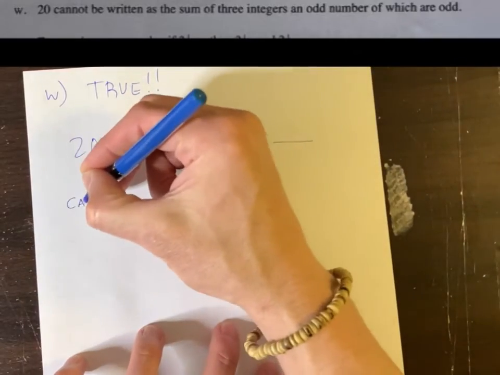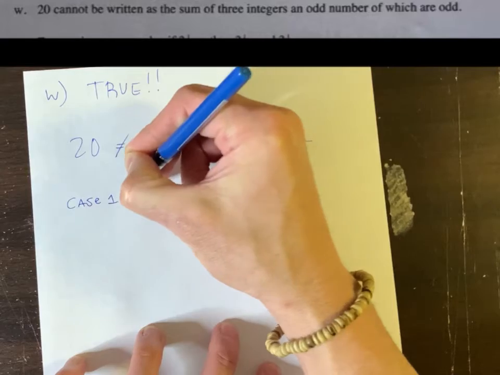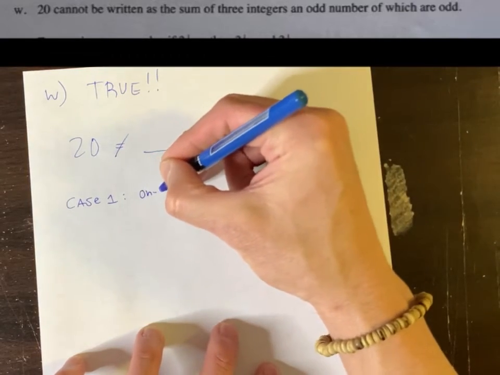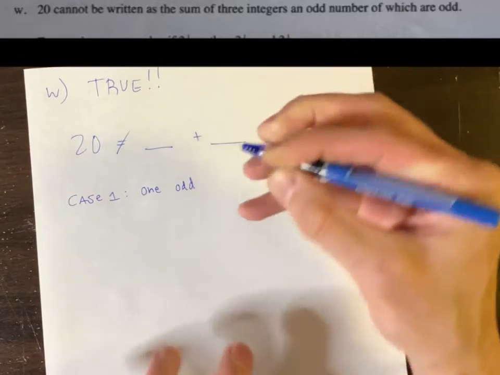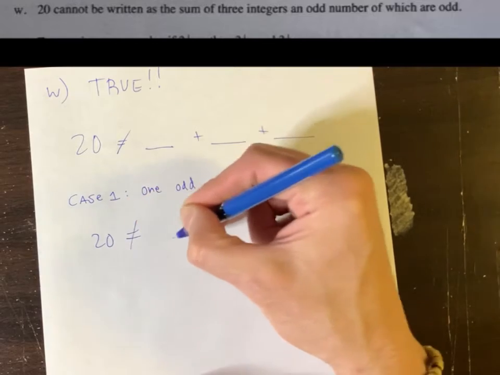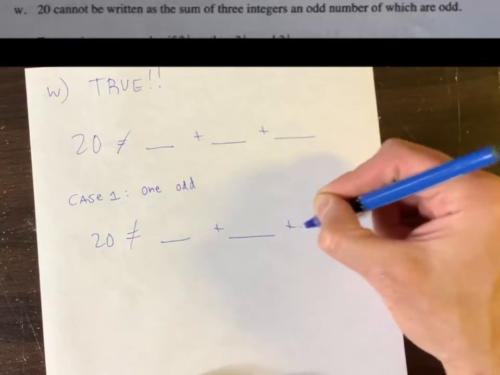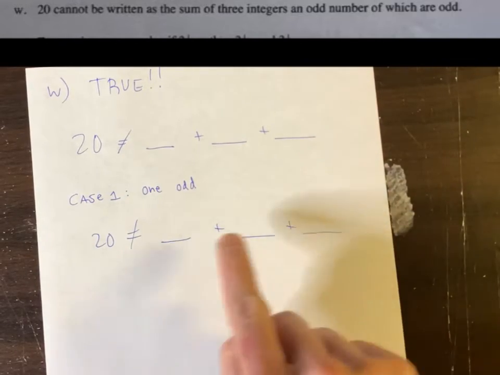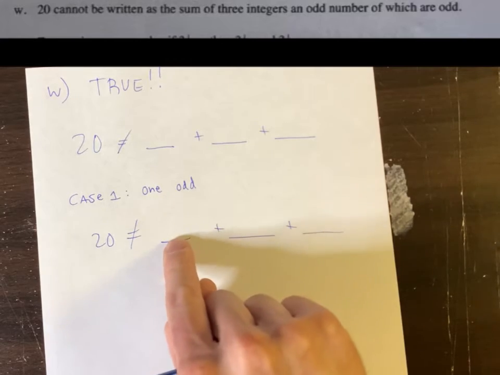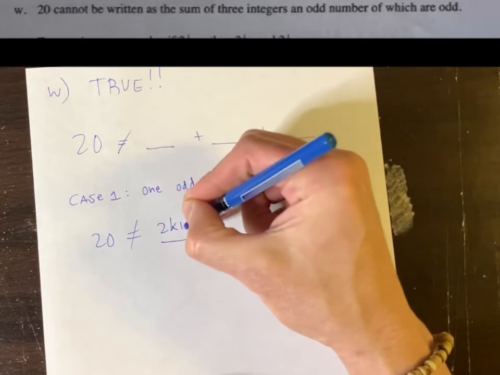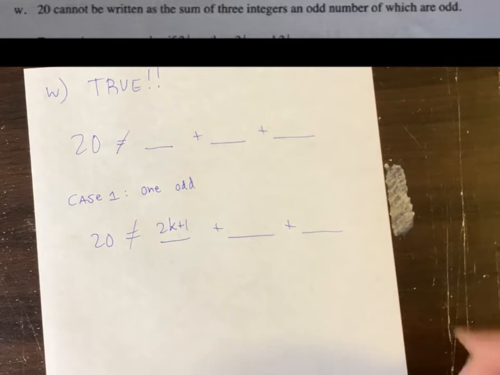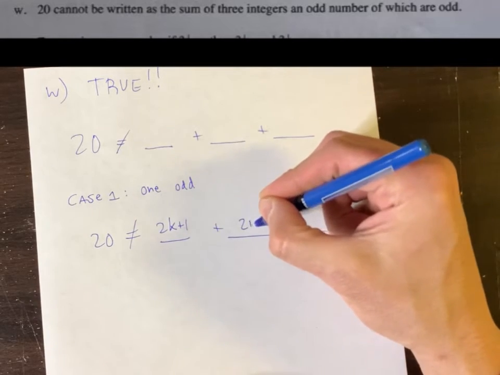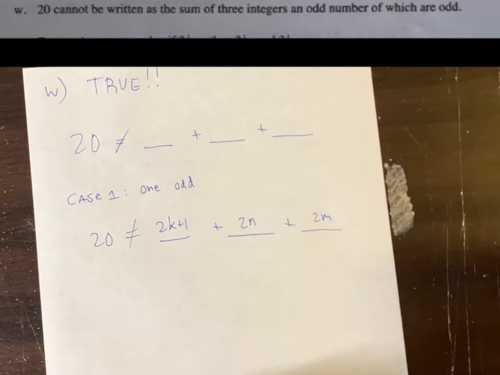So this has cases. Case one, we're going to use one odd. The first case is where of the three numbers, only one of them is odd. So I need an odd number right here. Well, here's an odd number, 2k plus 1. Then I need a couple of evens, how about 2n and 2m?